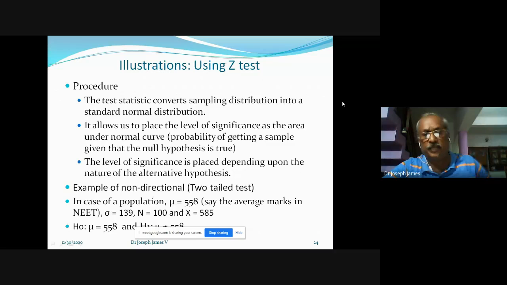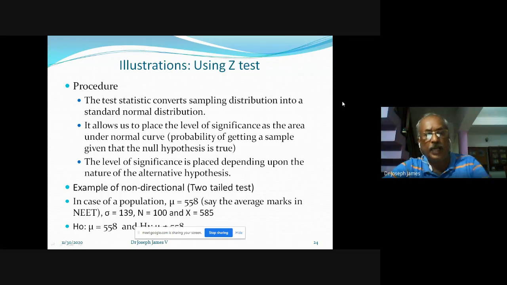For the population this is 558 and the standard deviation is 139, and we take a sample of 100 students and we find that x bar, ഞാൻ ഇവിടെ x bar ടൈപ്പ് ചെയ്തിട്ടില്ല, x എന്ന് ടൈപ്പ് ചെയ്തിട്ടുള്ളൂ, kindly read it as x bar. X bar is equal to 585.